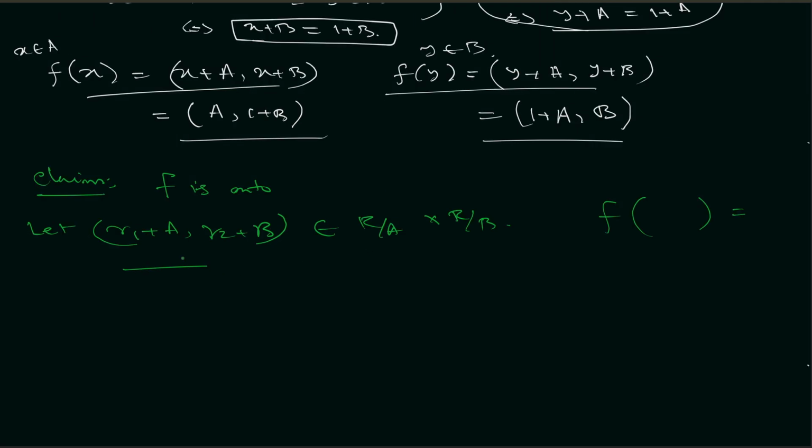Then how can I show it? I claim that f of (r2x + r1y) will be my desired pre-image.